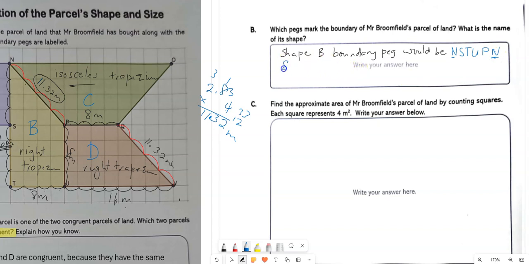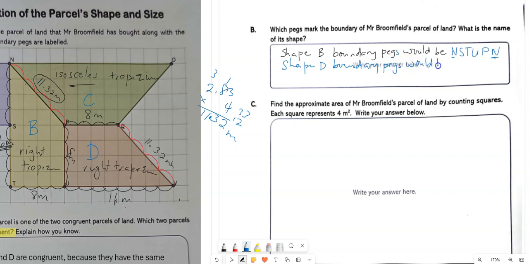Now, if it was shape D, then the boundary pegs, let's put on the S there.